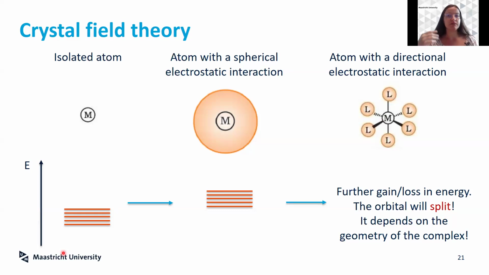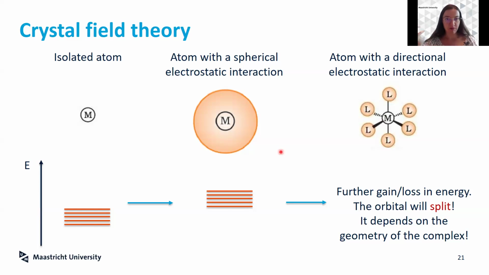If you put this metal in a spherical potential, so you're going to make it feel an even potential of charges around it, this is going to lift evenly all of the energies of all of the orbitals at the same time, because the potential is spherical. All the orbitals are going to feel the potential exactly in the same way.